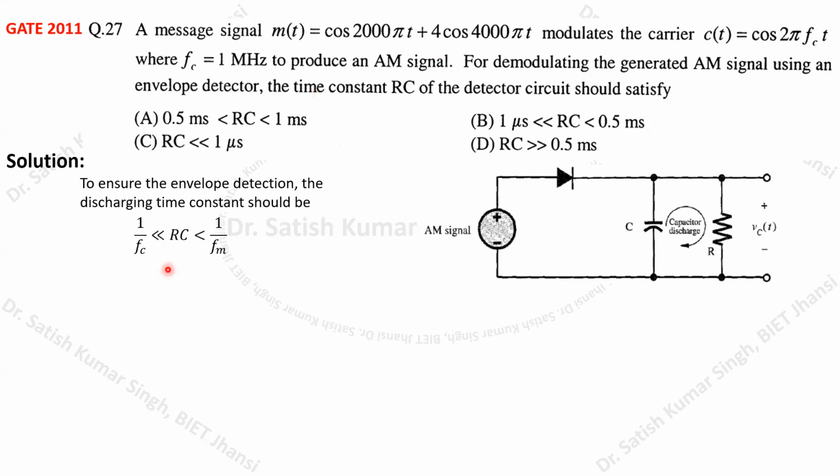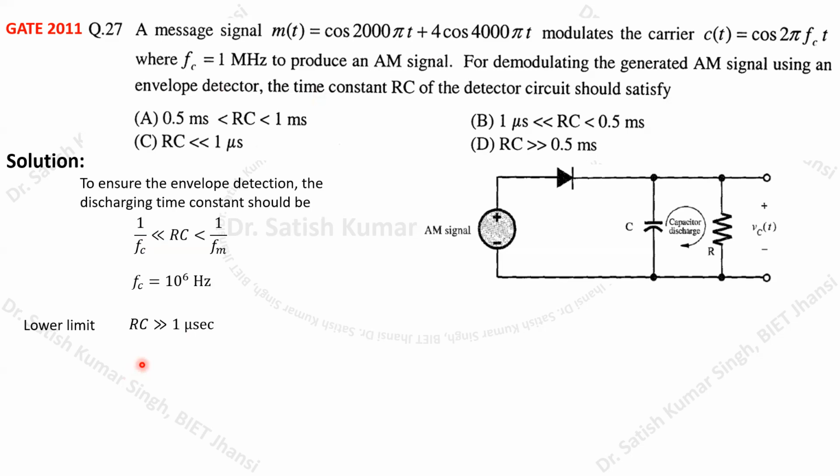Calculating the lower limit after substituting the carrier frequency 10^6 hertz, RC should be much greater than 1 microsecond. This is one of the conditions that we have to satisfy while designing this envelope detector.